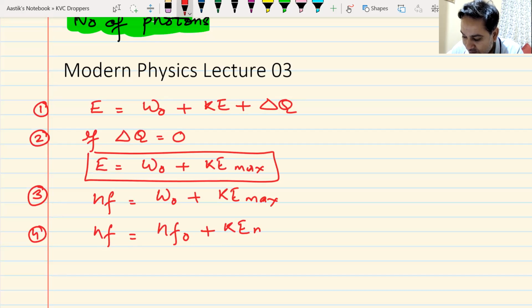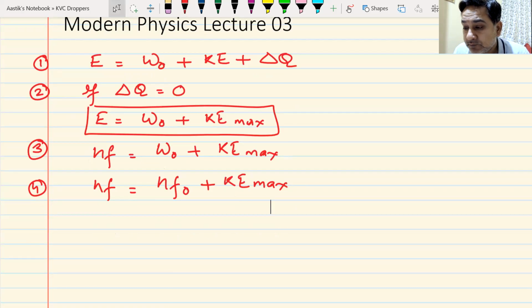Do we understand this? Yes, sir. Where what is F naught? Frequency. What is F naught? Threshold frequency. Yes, F naught is your threshold frequency.